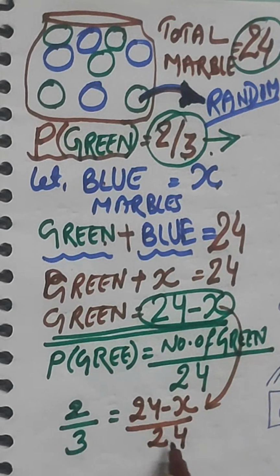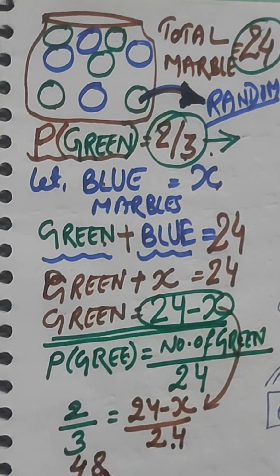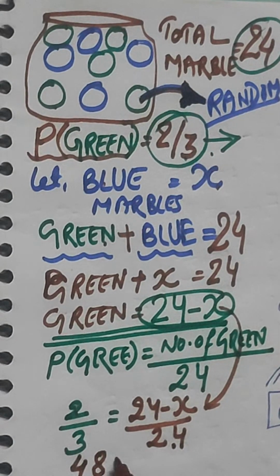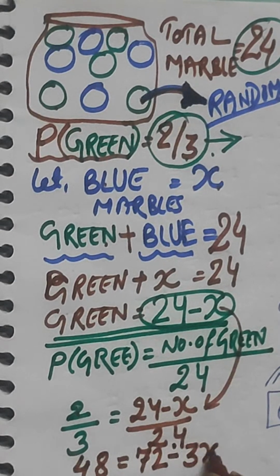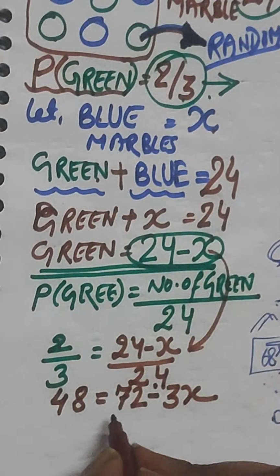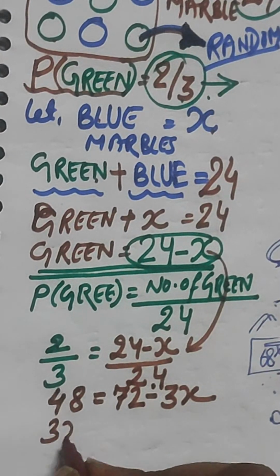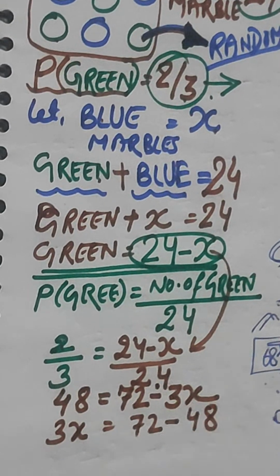So 24 into 2 will be 48, right? 48 equals 72 minus 3x, right? So this will give you 3x is equal to 72 minus 48.